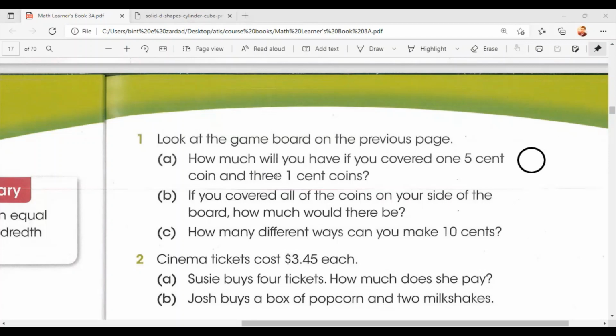And what about three 1-cent coins? It means we have three 1-cent coins. This is a 1-cent coin, this is a 1-cent coin, and this is a 1-cent coin. So there are one 5-cent coin and three 1-cent coins. So 5, 6, 7, 8. How much in total do we have in coins? We have 8 cents. So we write here 8 cents.